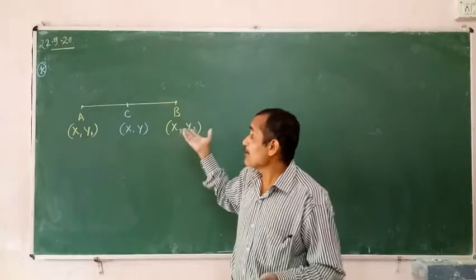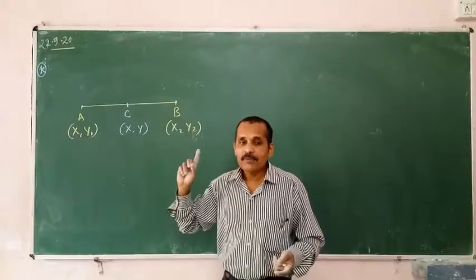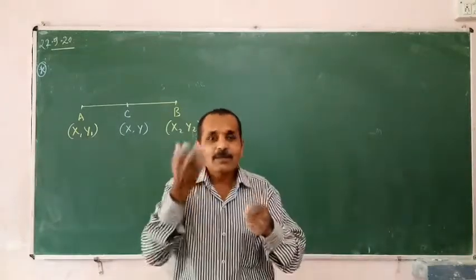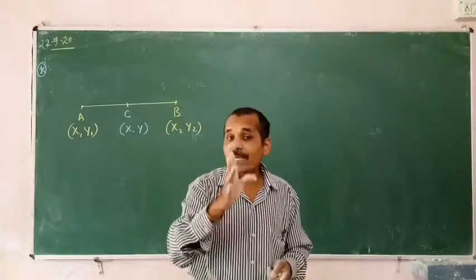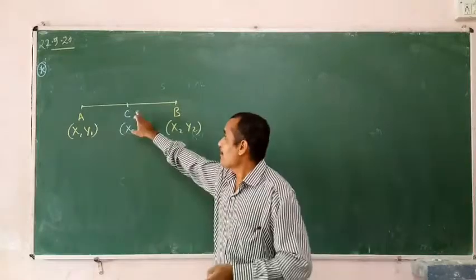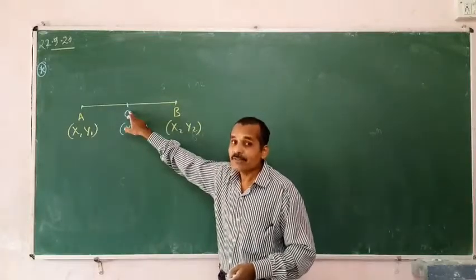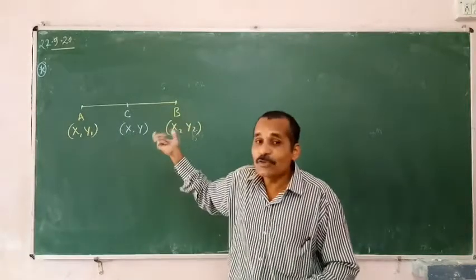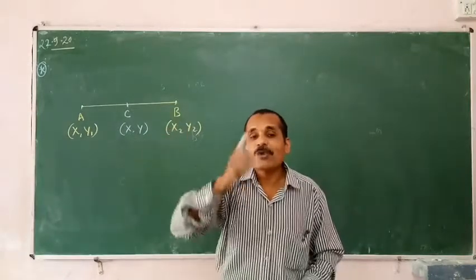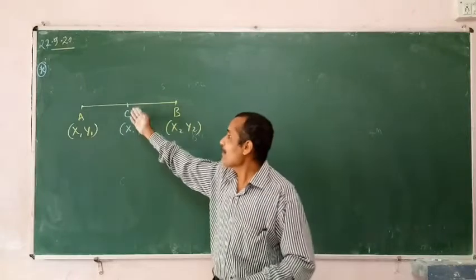Or does the formula remain as it is? No. Of course, the formula remains as it is, but we can simplify the formula only when, listen to me very carefully, only when point C is a midpoint. Based on this, some problems are there. So I wanted to give you this new formula before I take the problems of midpoint.